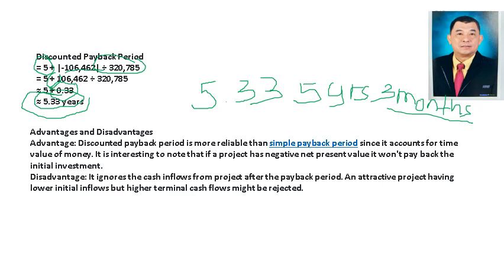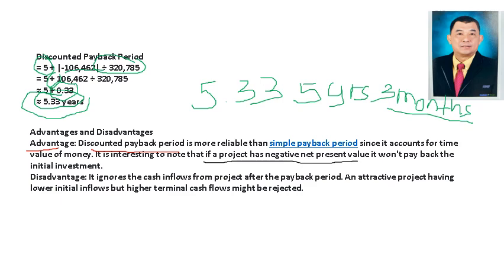Okay? Now, what are the advantages? The advantage is the discounted payback period method is more reliable than the simple payback, simply because it involves the time value of money and the risk of exposure. Okay, the decision making is like this: if a project has a negative net present value, it won't pay back the initial investment.